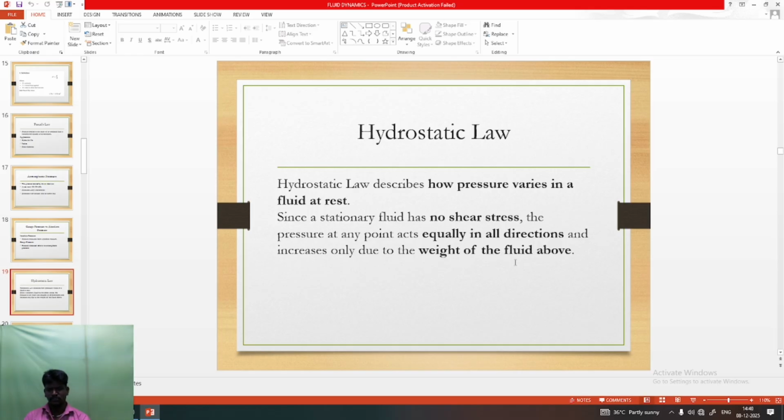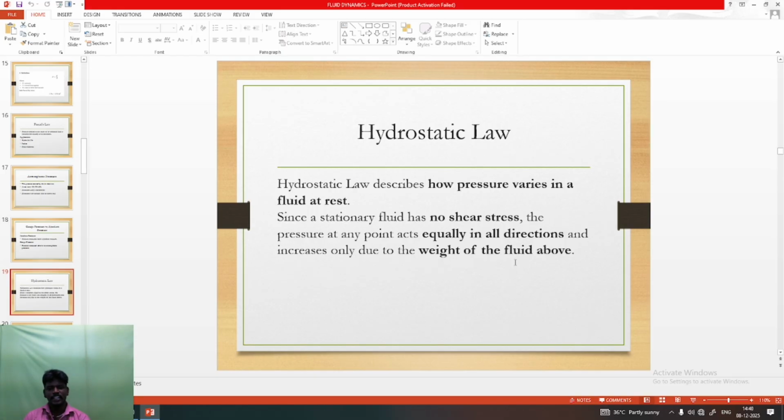If we take a container filled with water or any liquid substance, how does the pressure vary at rest? The hydrostatic law states that a stationary fluid has no shear stress; if the fluid is moving it has shear stress, but the stationary fluid has none.